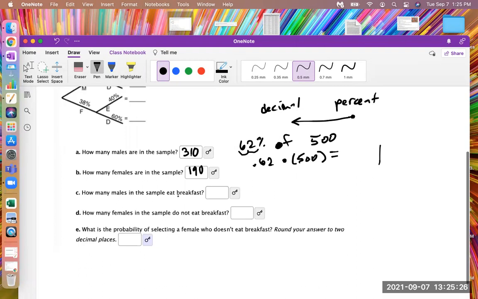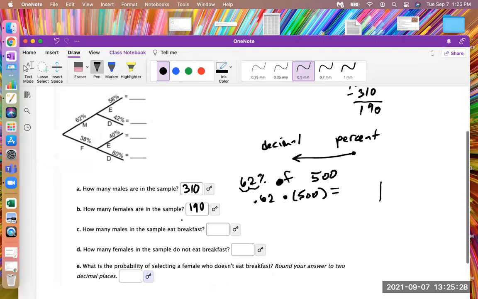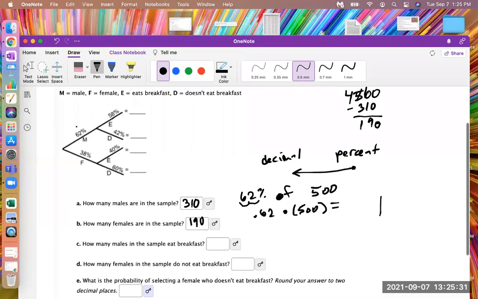Okay, so how many males in the sample eat breakfast? What we need to do here is look at the males only. And then they're saying of those males, how many eat breakfast? So one way of doing this is taking these percentages. Of the males, 58 eat breakfast and 42 don't eat breakfast. So you can take these two percentages, the male and eat breakfast, and multiply those together to find the percentage, and then multiply that by 500 to find out how many males in the sample eat breakfast.